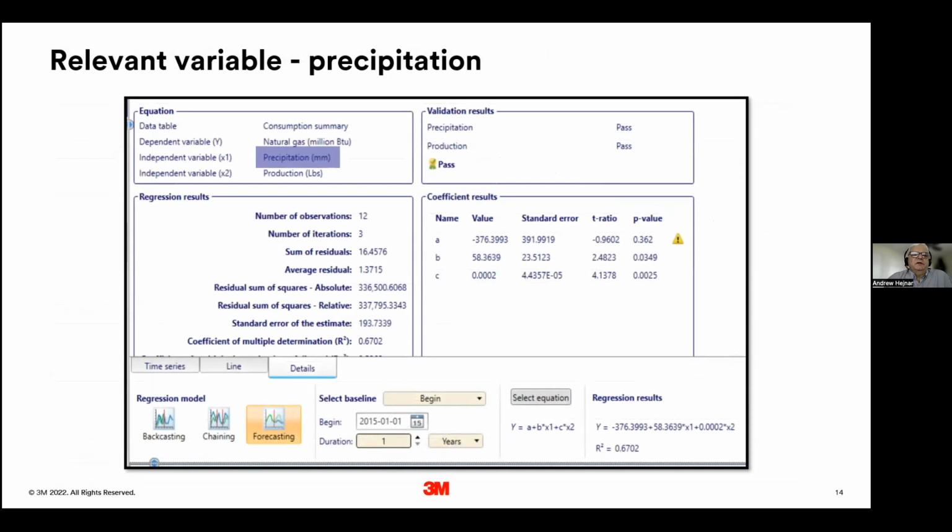We use many relevant variables in our modeling. One of them, for example, here is precipitation. This model was created for our mining site in Little Rock, where we crush rock and then convert that rock to a granule, which we sell to make roofing shingles.